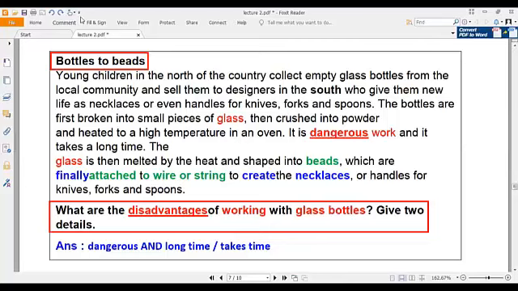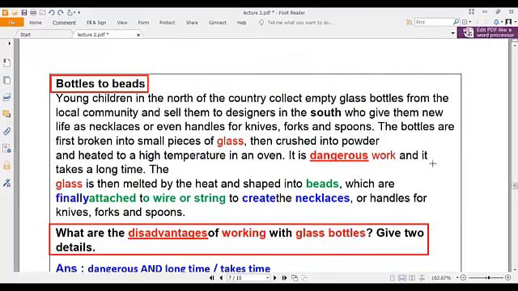Mister, can I answer? You got the point? Yes, Rivan, answer. It's dangerous work and take a long time. It's a dangerous work to take a long time. Okay. A long time.